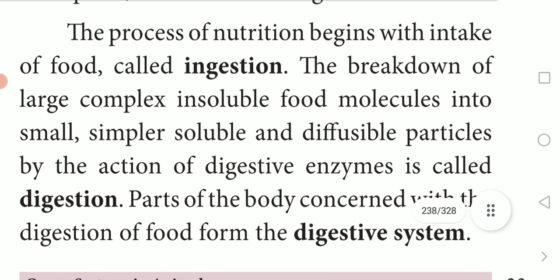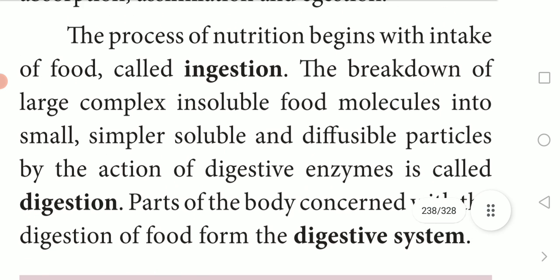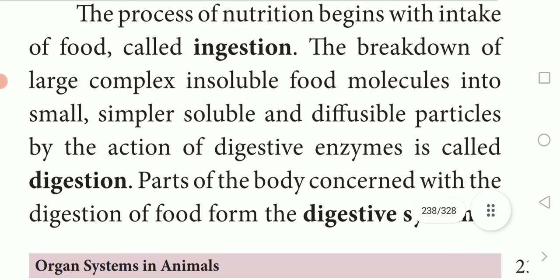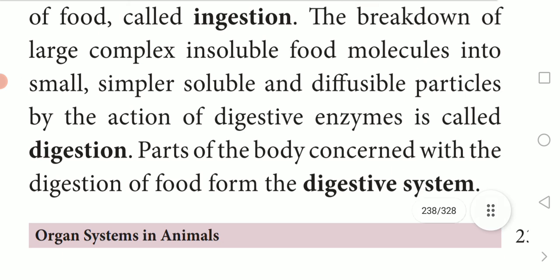In our body, digestive enzymes are secreted during the digestion process, and these enzymes help break down large complex substances into simpler ones. The parts of the body concerned with digestion of food form the digestive system.